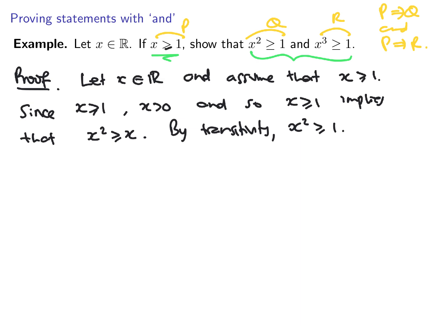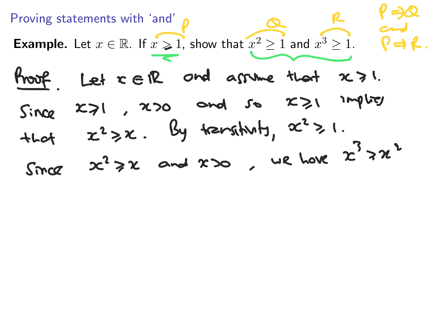Okay, now since x squared is greater or equal to x, and x is greater than 0, we have that x cubed is greater than or equal to x squared, right? So we multiply this inequality, right, with x, and you get x cubed greater or equal to x squared.